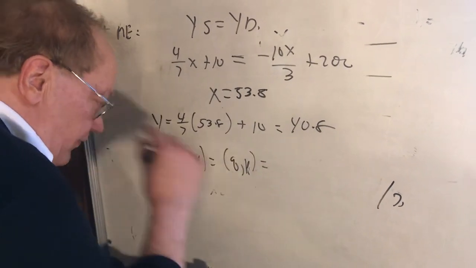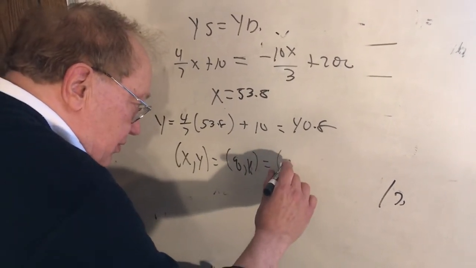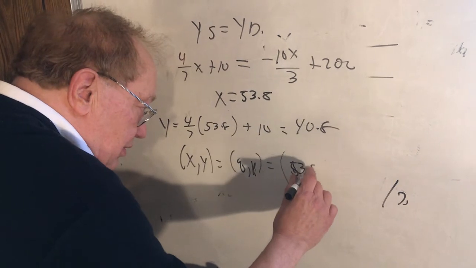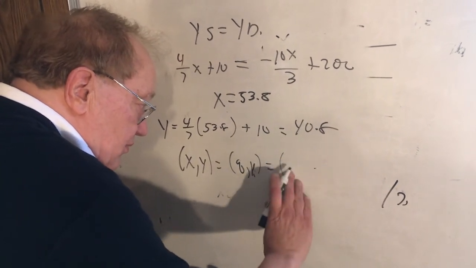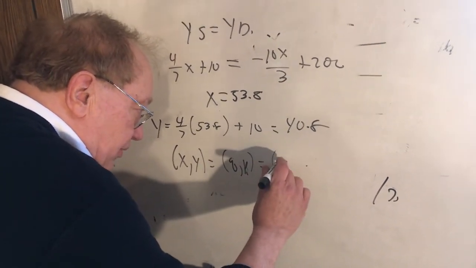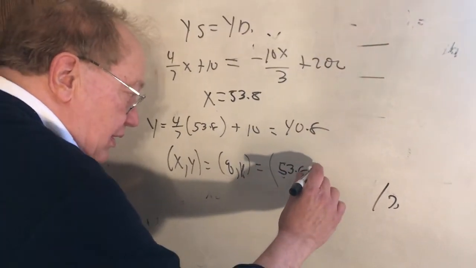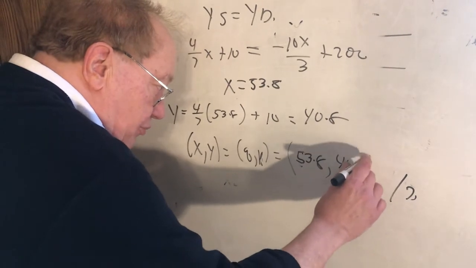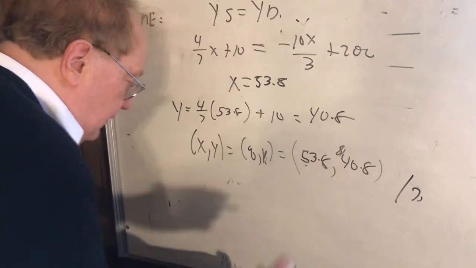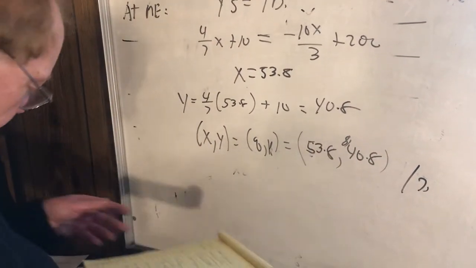And that would be 53.8 units, assuming you could separate them. We would probably round that off to a full 54, and $40.8 per unit. All right.